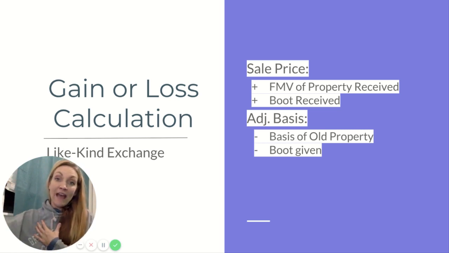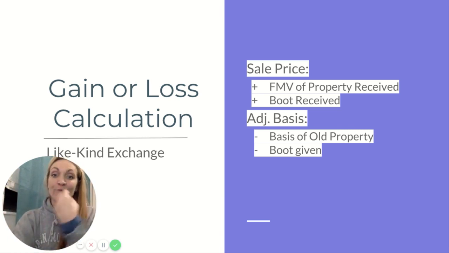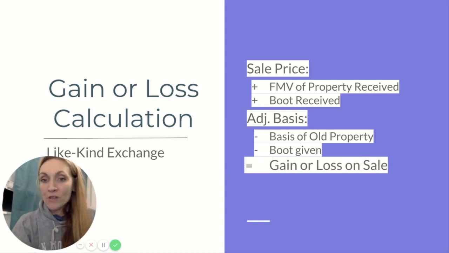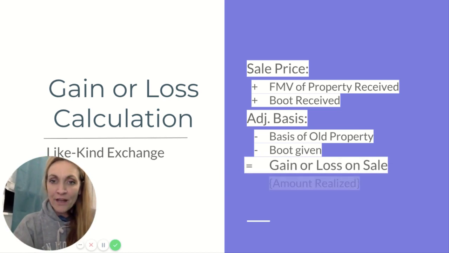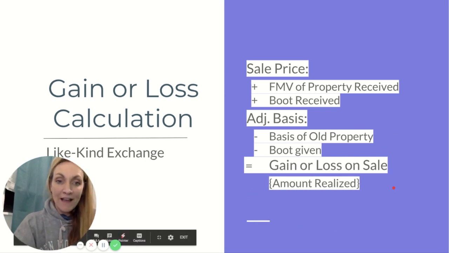So if we paid cash, contributed other assets, or assumed any liabilities, we subtract the boot given, and that equals gain or loss. So it's kind of intuitive for calculating a gain or loss, and that, remember, is the amount realized.